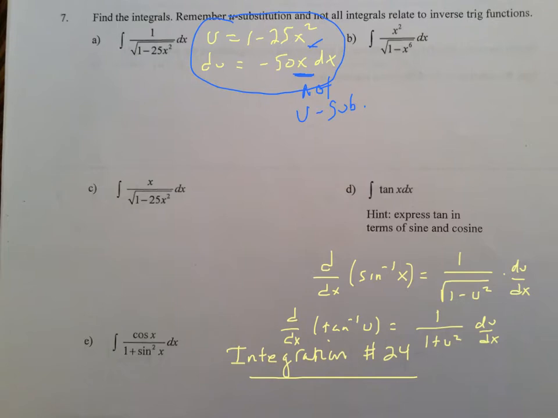Well, we've looked at the derivative of the sine inverse and the tangent inverse, which I have shown down here. Because the sine inverse has a square root of 1 minus u squared, I'm going to see if our question would work in there, if I could try u as a different way.